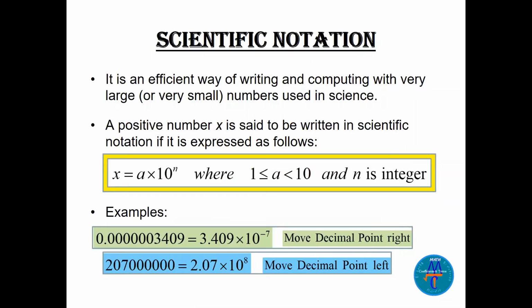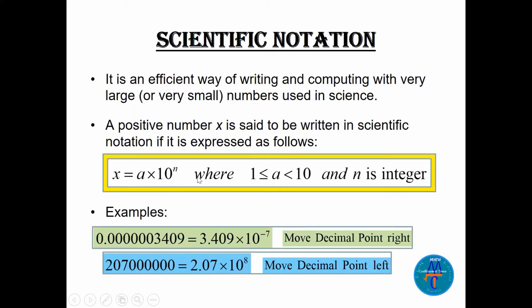Let's see a simple definition of scientific notation and how to use it. This is an efficient way of writing a very small number or a very large number, so that we can read it easily. The number is written as a times 10 to the power n.